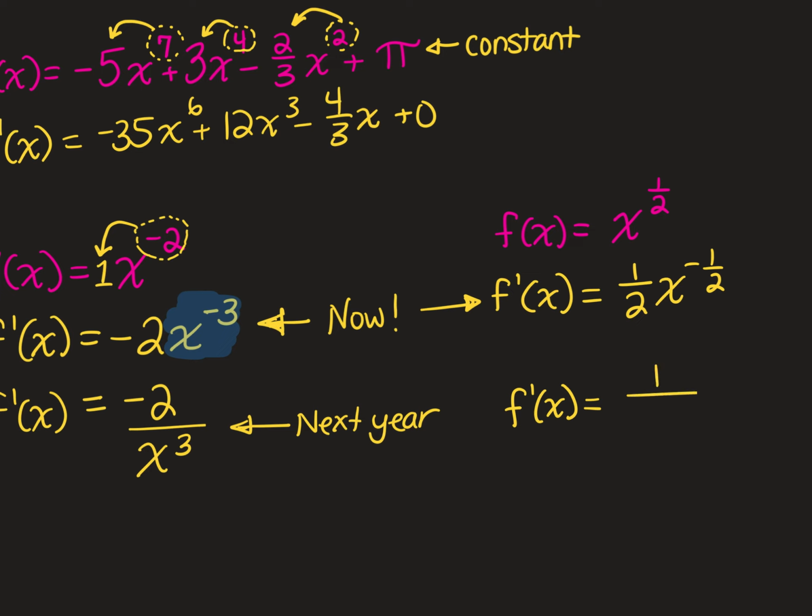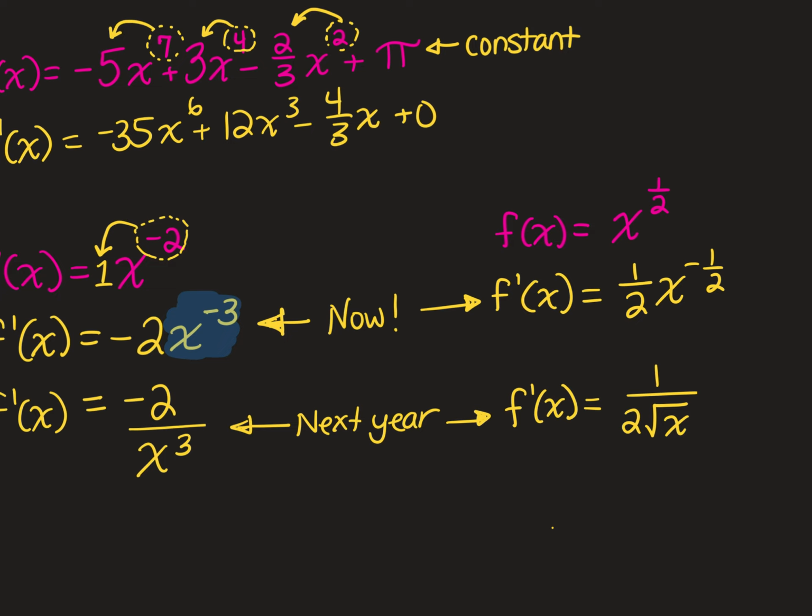But if I were to rewrite this so it does not have any negative exponents or fractional exponents, it would look like that. Again, if you can figure out how I got there, fantastic. I want you to write your answer that way. If you can't, that's okay. I will take that answer as 1/2 x to the negative 1/2. Those are also acceptable for now. Next year, you'll take the time to go through a process that'll help you get to that next year answer.